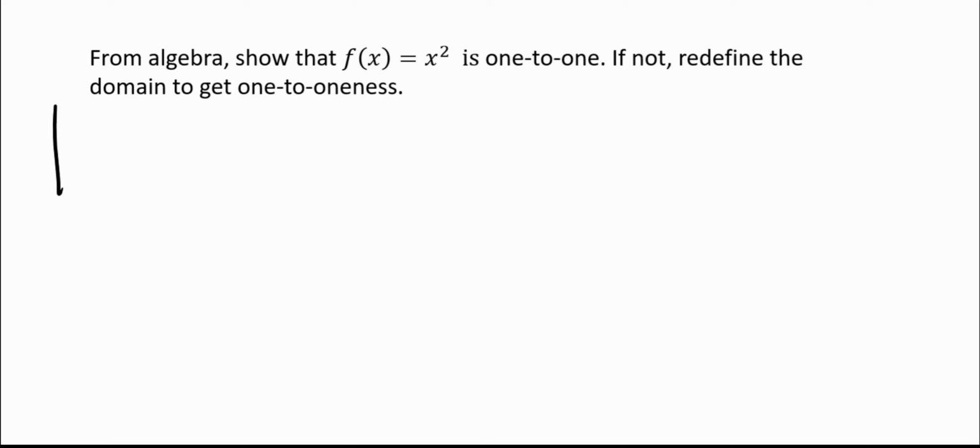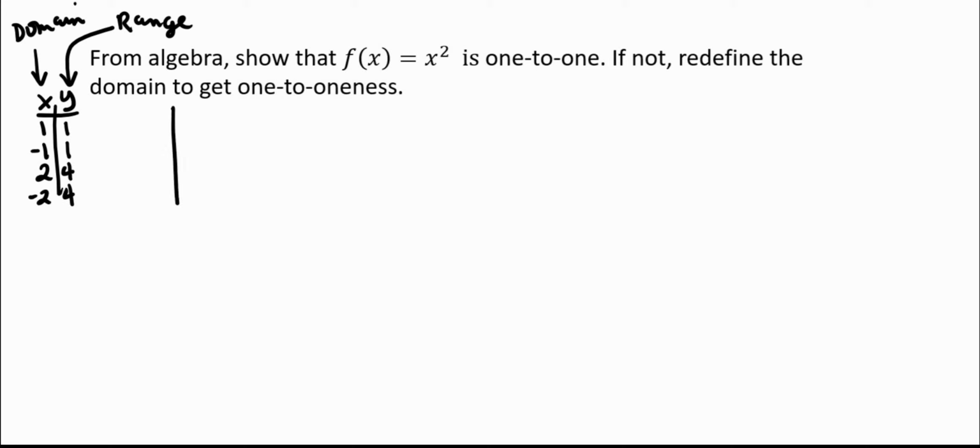So if you look at some values from the domain and the range, if we have 1, you square that, you get 1. If you have negative 1, you square that, you get 1. Uh-oh, you see how that's the problem? Let's just do 2 more. 2 and 4, negative 2 and 4. Again, we have something that's not good.